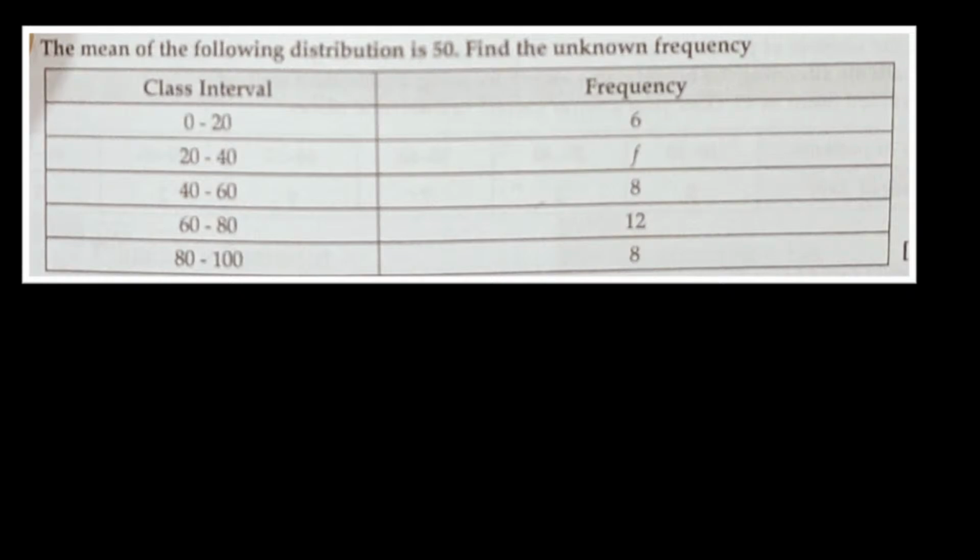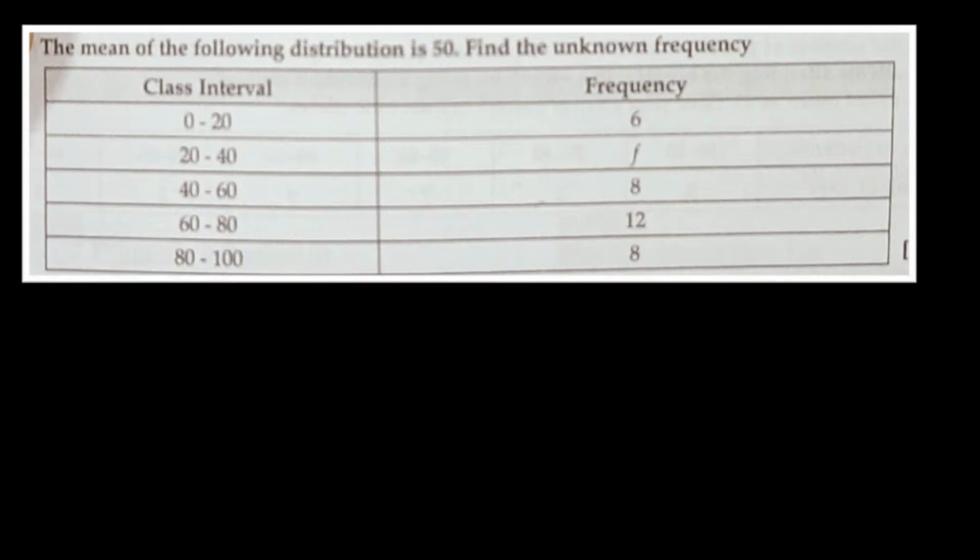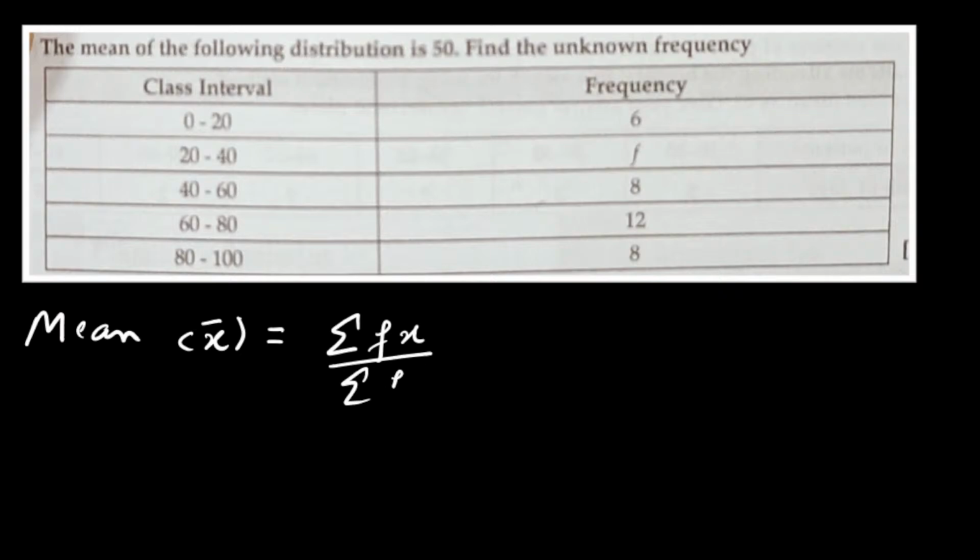Just before starting this question, we'll do the recap of the formulas of mean. So three formulas, the three ways are there. The direct method formula was mean, that we write as x bar, equals sigma fx by sigma f.